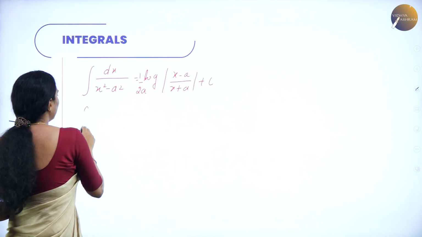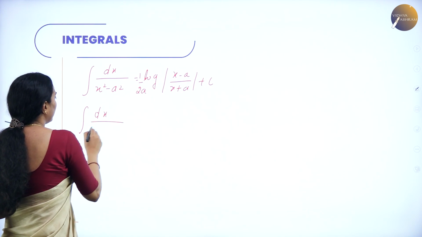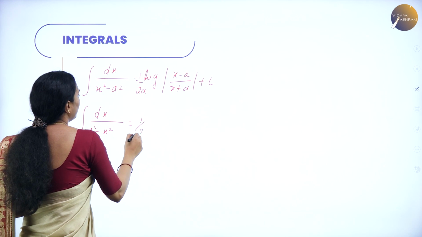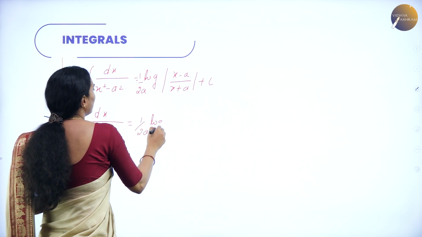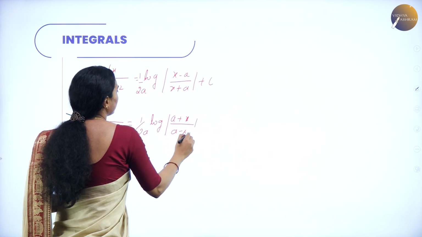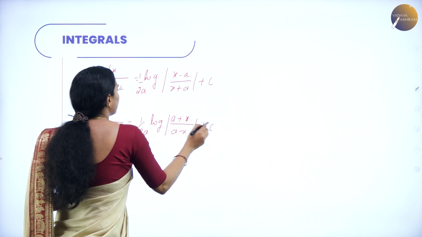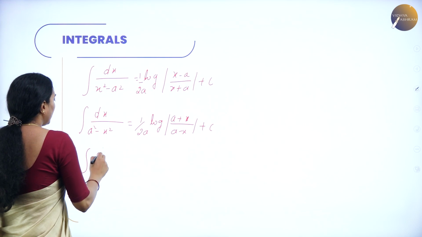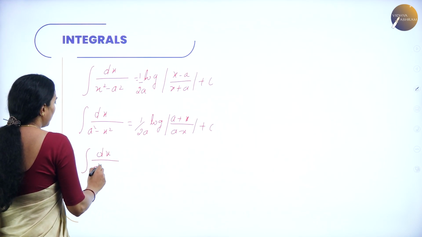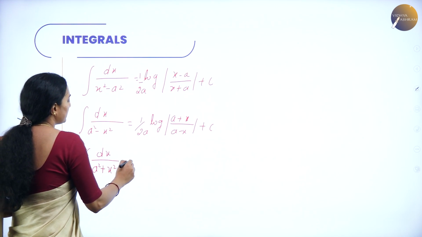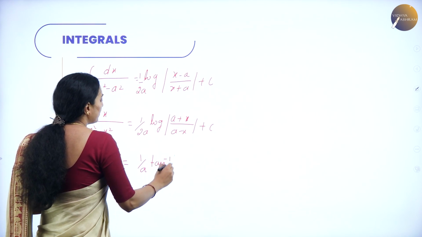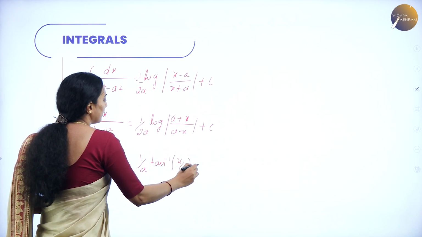So similarly, integral of dx divided by a squared minus x squared is given by 1 by 2a into log of modulus of a plus x divided by a minus x plus c. Similarly, integral of dx divided by, if you are having a squared plus x squared or x squared plus a squared, the formula will be 1 by a into tan inverse of x by a plus c.